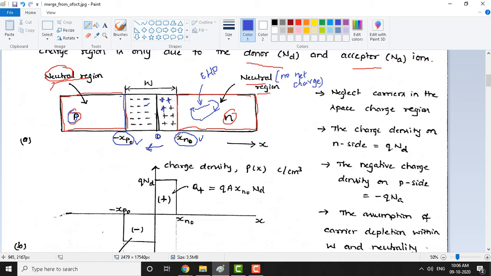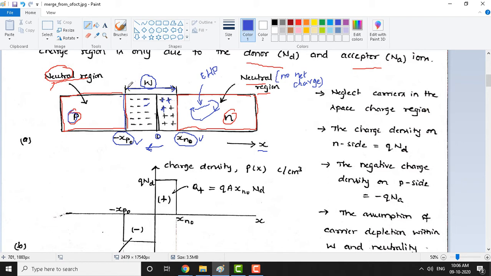We understood now what xp naught, xn naught, and x are. x is the distance from the middle of the junction, and we explained what the neutral region is. This is the total width of the junction, extending from minus xp naught to xn naught.